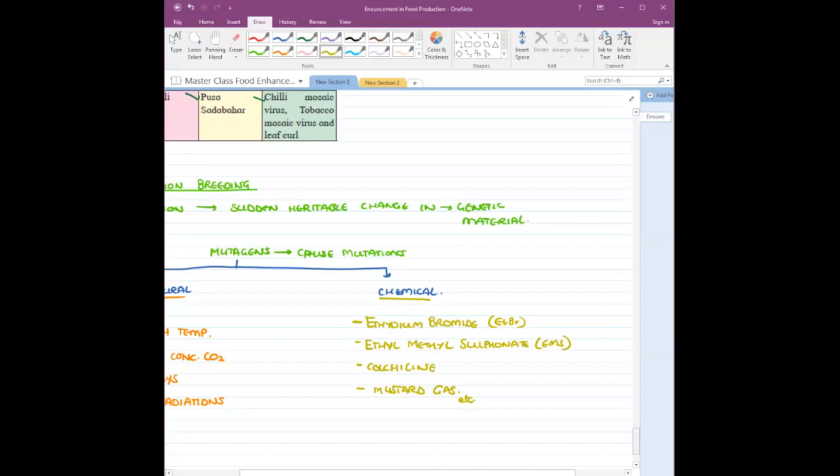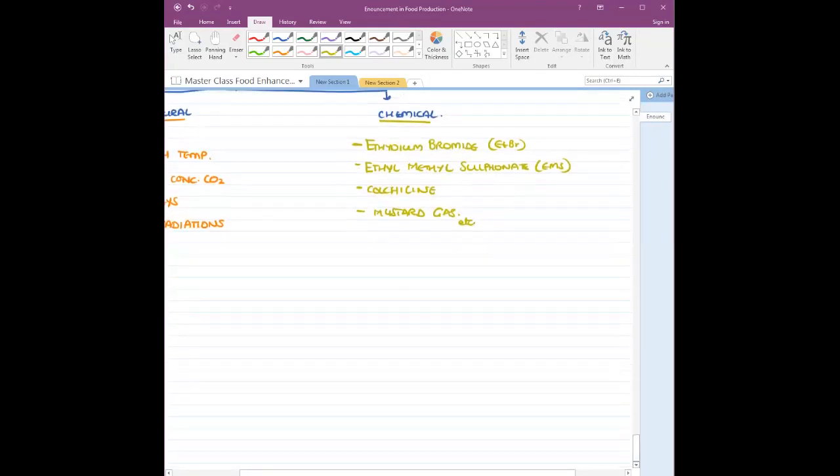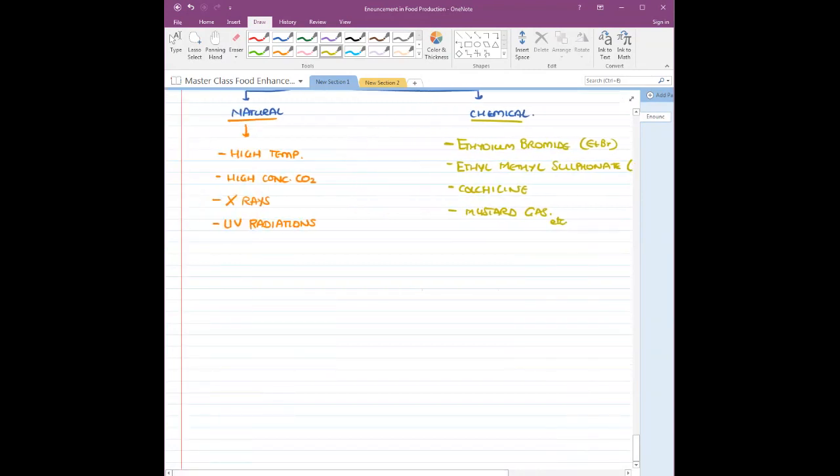Now sometimes, when we have seeds, so these are cells that we are talking about. But if you want to bring about mutations in seeds or seedlings, you will see that these seeds or seedlings are sometimes exposed to cobalt 60.